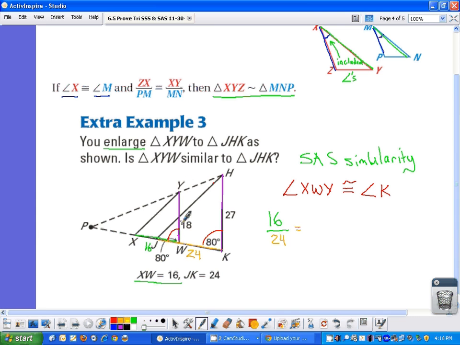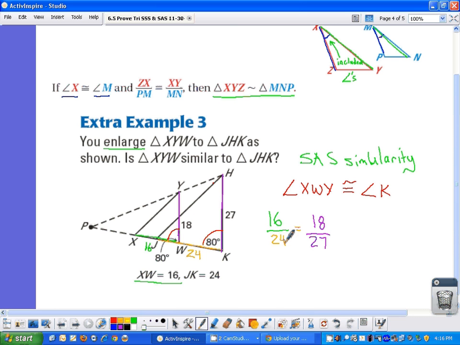So I'm going to take YW, which is 18, and compare that with 27. Now all that remains to see if these are in proportion is to simplify these to their lowest terms, and see if we get equivalent fractions.